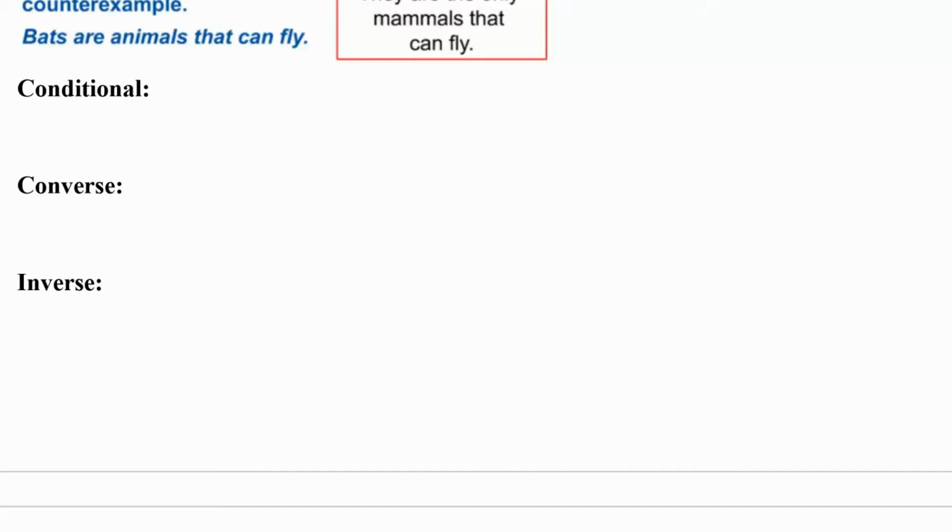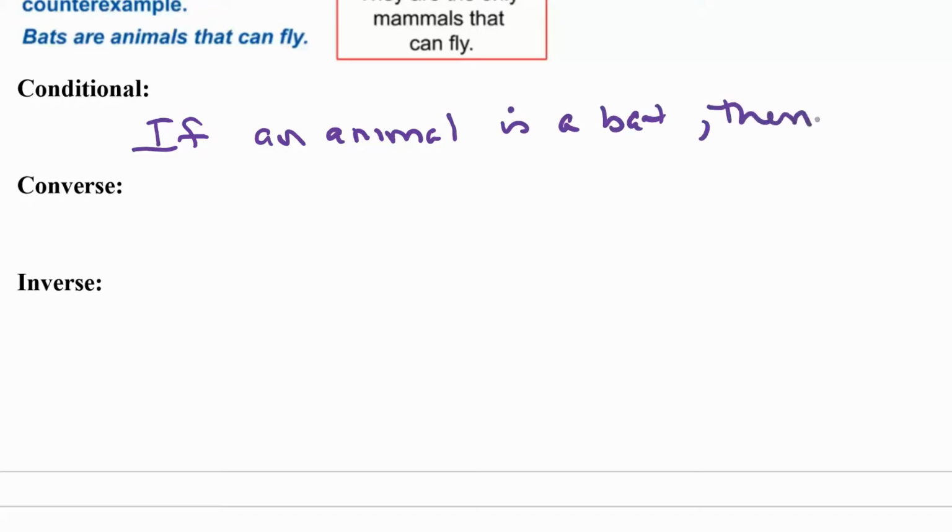So the conditional is, if an animal is a bat, then it can fly. And that is a true statement. The converse is we're going to flip it around.